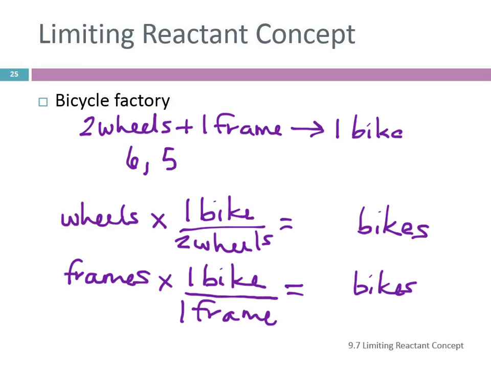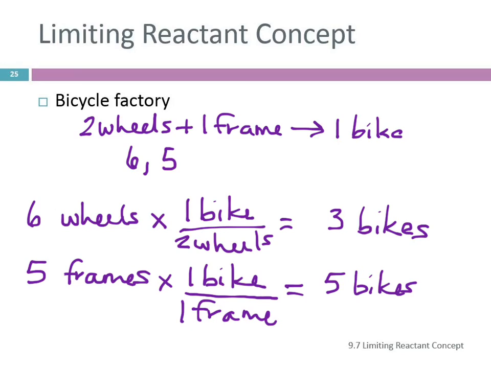How about 6 and 5? If I had 6 wheels and 5 frames, how many bikes could I make? 3. So what you did in your head is you said, well, if I have 6 wheels, I can make how many bikes? 3. If I have 5 frames, I can make 5 bikes.